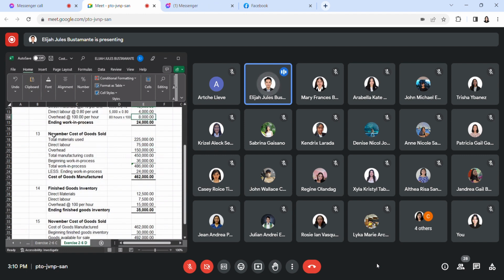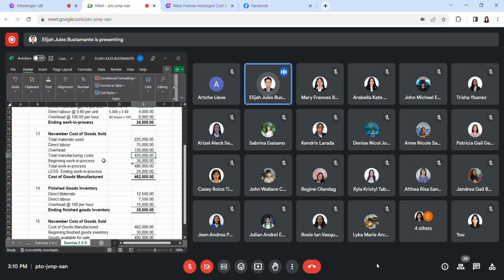So for number 13, cost of goods sold, we used the same formula, and then na extend na siya gamay kay gipangita lain. So total materials used, we have 225,000 added by the direct labor and then the overhead, which totaled 450,000 for the total manufacturing cost.